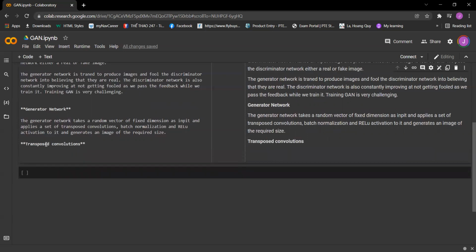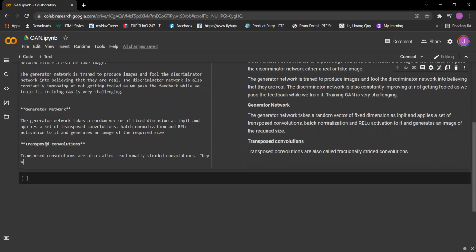Transpose convolutions are also called fractionally strided convolutions. They work in the opposite way to how convolution works.